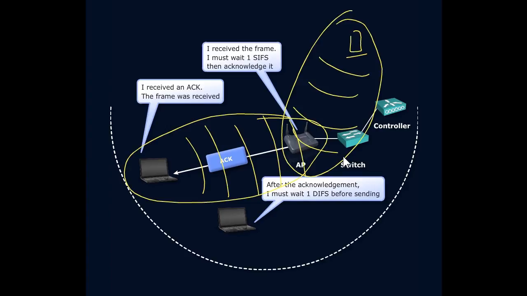We may be able to interpret some of it anyway, based upon the chipping code that was used. But at worst, if we don't get an acknowledgement, then we know we need to try again. And again, at that point, we will back off and then try to submit it again.